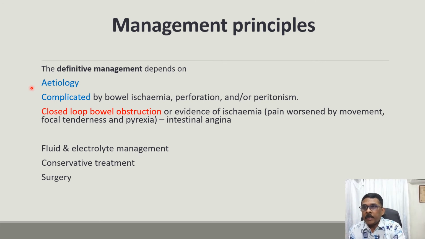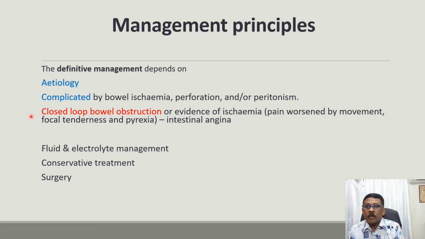And the complications that develop are another factor that you have to consider. The complications we are talking about here are bowel ischemia, perforation, and peritonitis. Then another factor to consider is the loop type of obstruction. Is it a closed loop obstruction or an open loop obstruction?